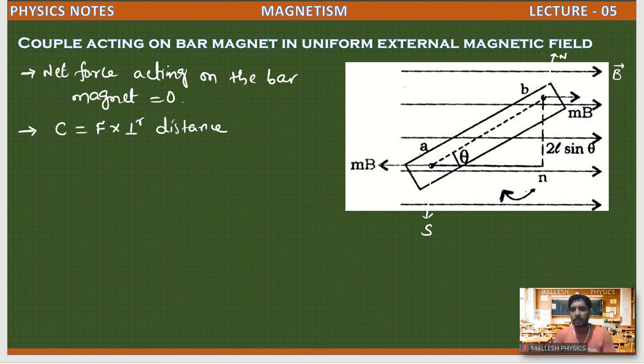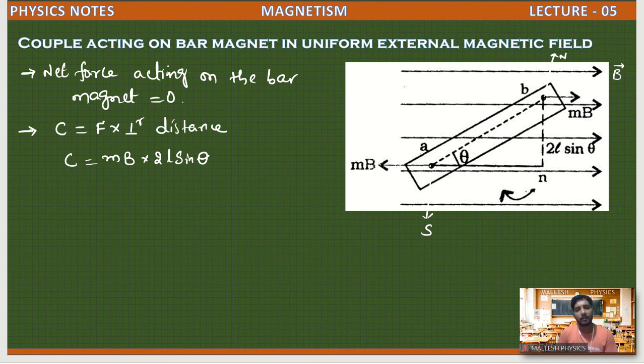At an instant this magnet makes an angle theta with the horizontal, so the opposite side is 2L sin theta. So the perpendicular distance is 2L sin theta and the force is mB, so mB into 2L sin theta.